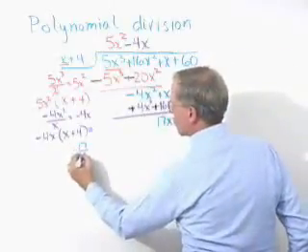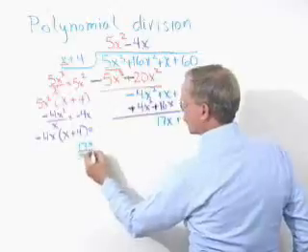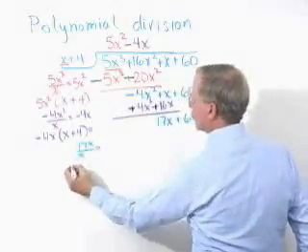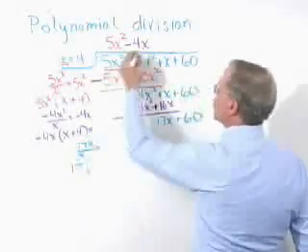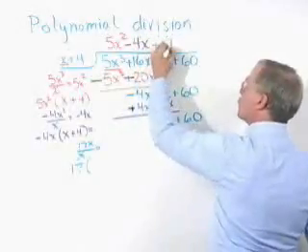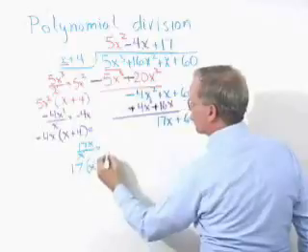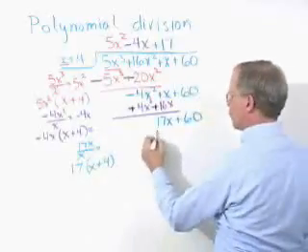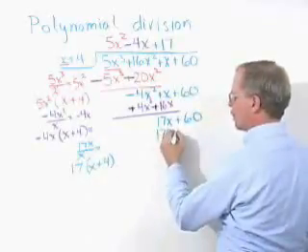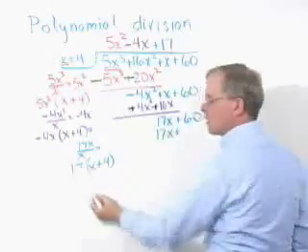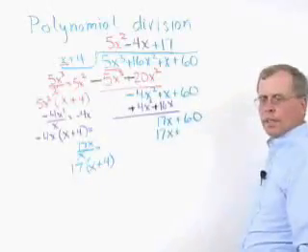17x over x is 17. And we'll put that up here. And 17 times x plus 4 is 17x plus 17 times 4 is 68.